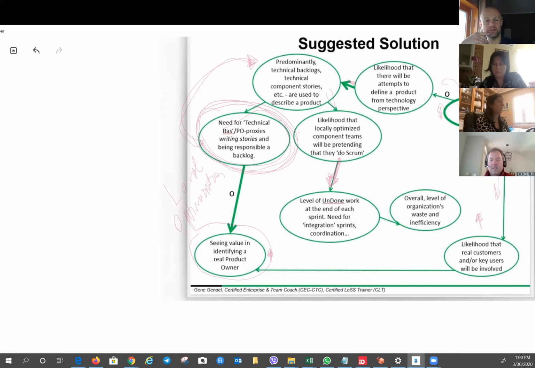Your organizational design, if it's not optimal, will define your ability to define a real product owner. So this is all systemic. So it's incorrect to consider organizational design being trivial when you are trying to implement even basic Scrum, let alone large scale Scrum, where all problems get amplified.